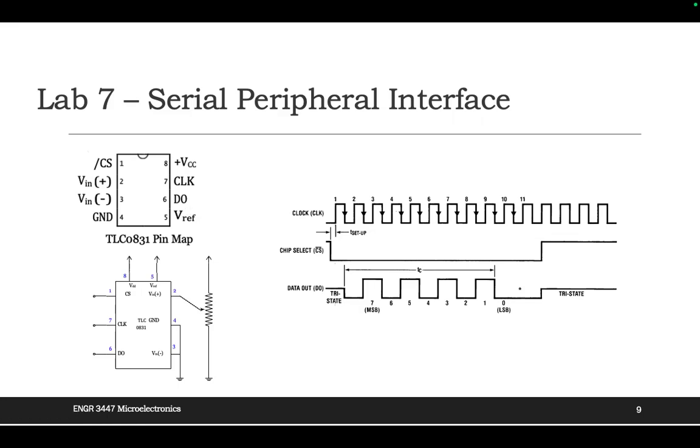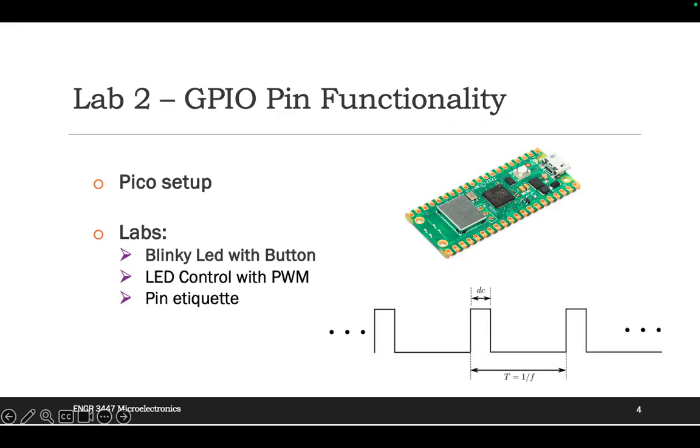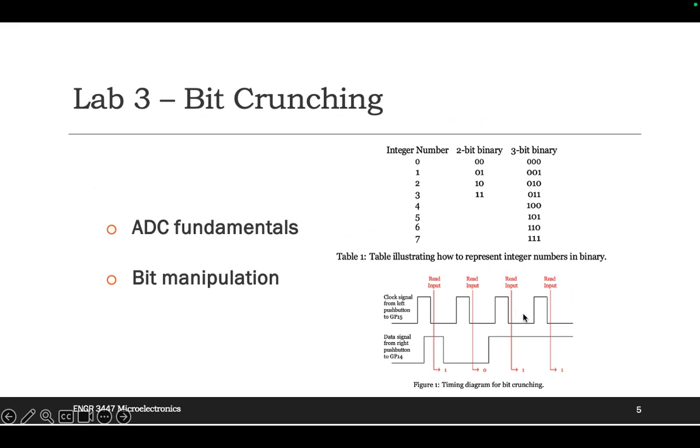So this one is also very important because it's a basic thing for the Pico W, which means you can use some specific method to communicate with the devices. For this one, we tried to build the clock signal by ourselves.